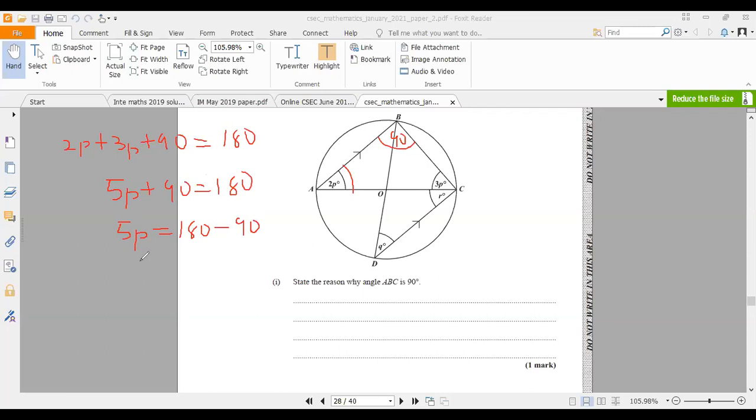And 5P is equal to 90. So P is equal to 90 divided by what? By 5. When you divide, what do you get? 18.